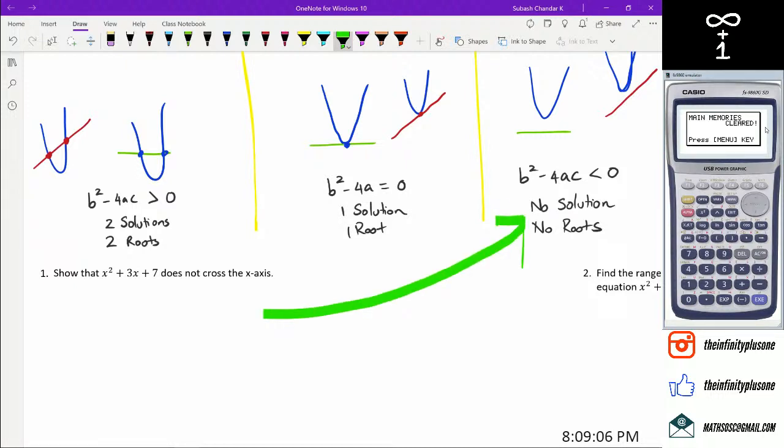What you're trying to do is figure out what a, b, c is, calculate your discriminant, and you should be able to prove that the discriminant is actually less than 0. So have a go at that.